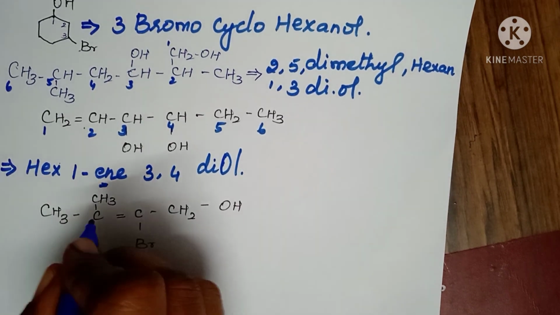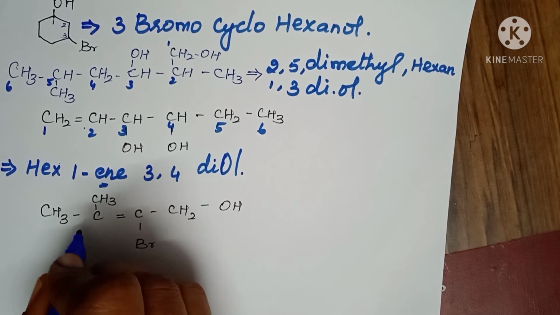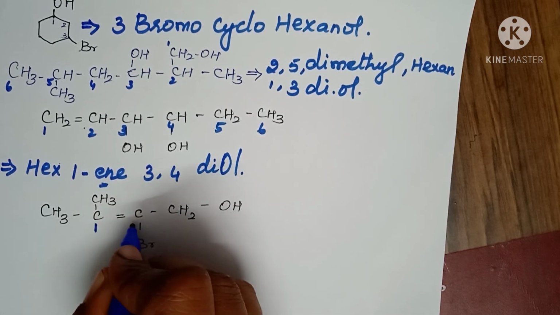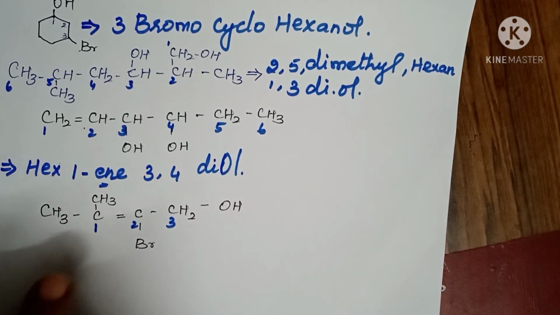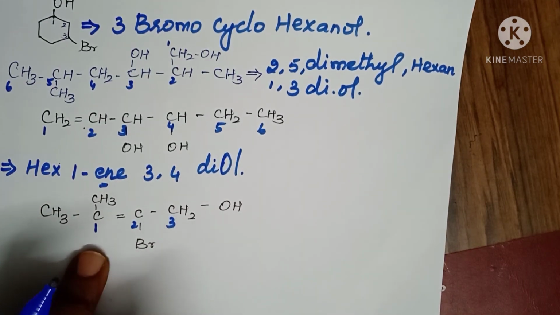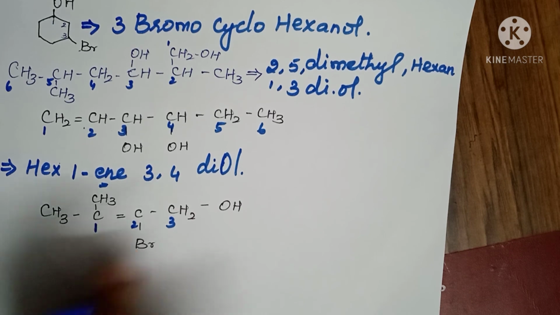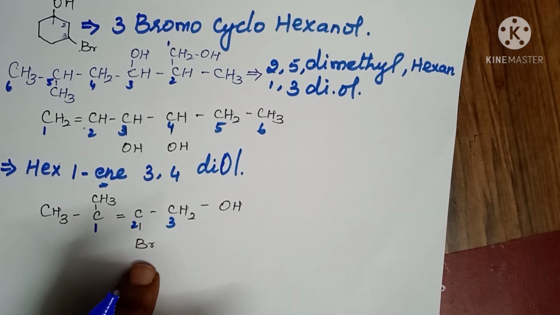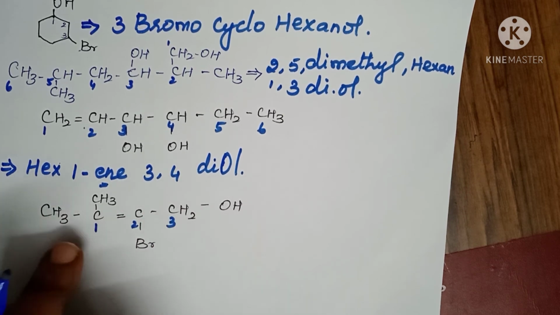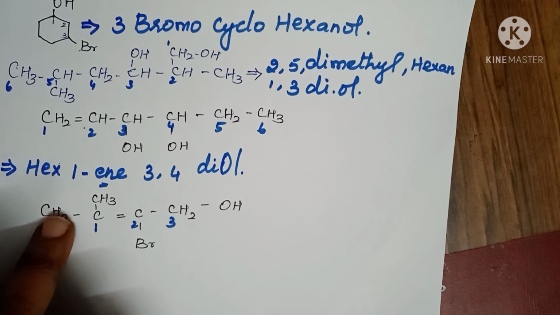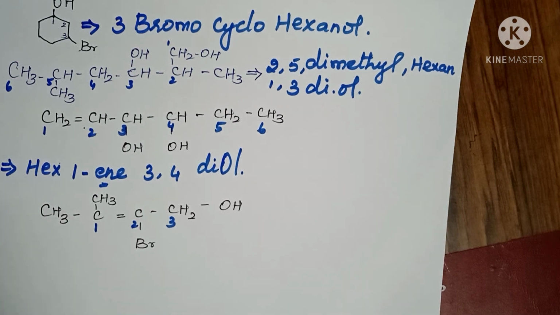So start from here, 1, 2, 3. The numbering begins where the double bond starts. At the second carbon, bromine is attached, and at the third, a hydroxyl group is attached. At the first carbon, a methyl group is attached.